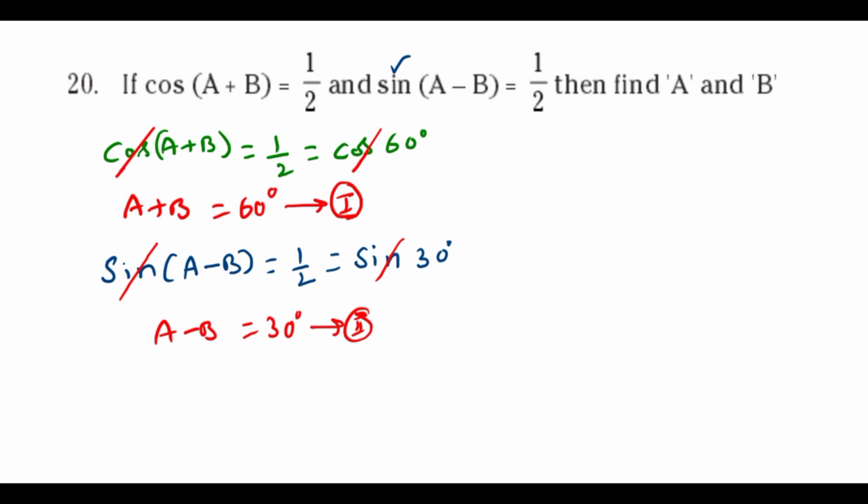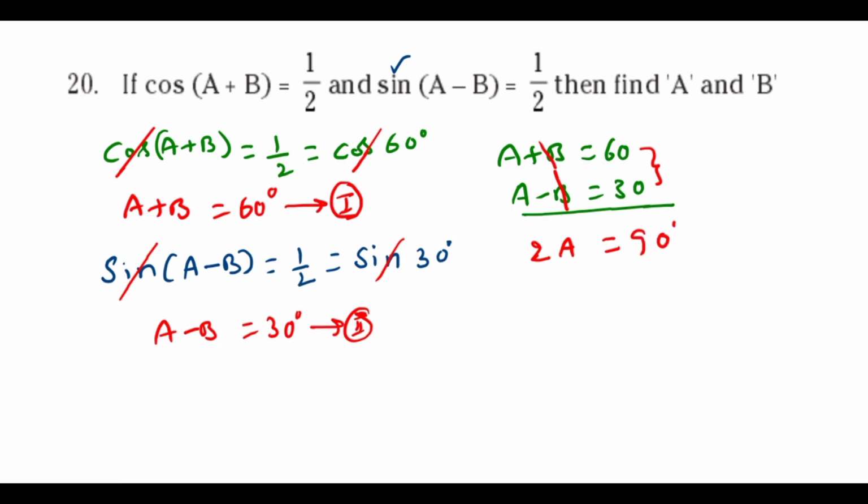Okay, that means by adding both, a plus b is equal to 60, a minus b equal to 30. If you cancel plus b and minus b, then you have 2a is equal to, by adding 60 plus 30, that is 90 degrees. So a equal to 90 by 2, which is equal to 45.